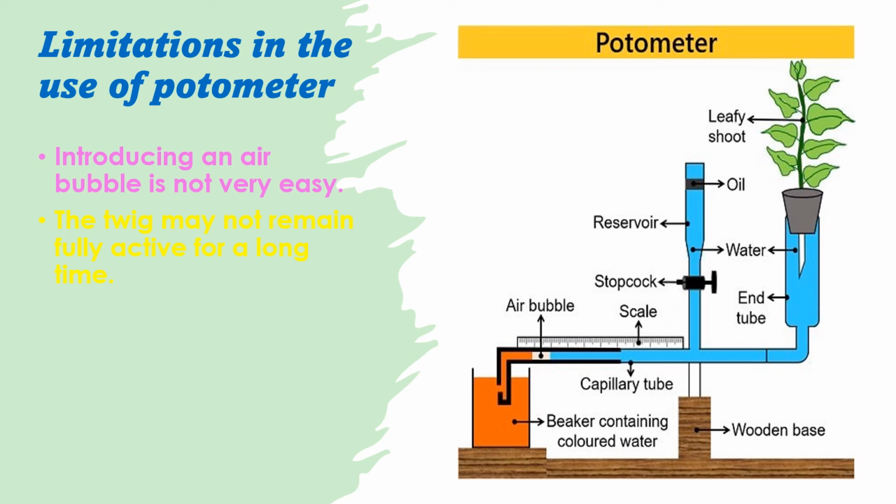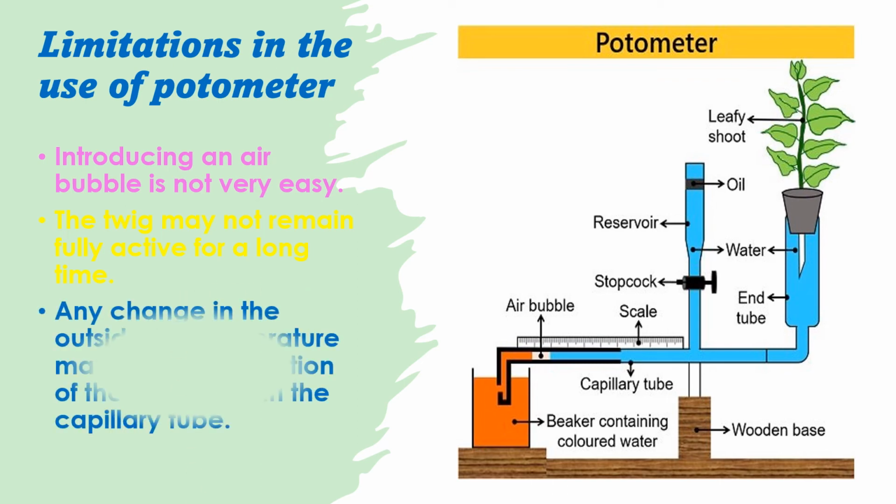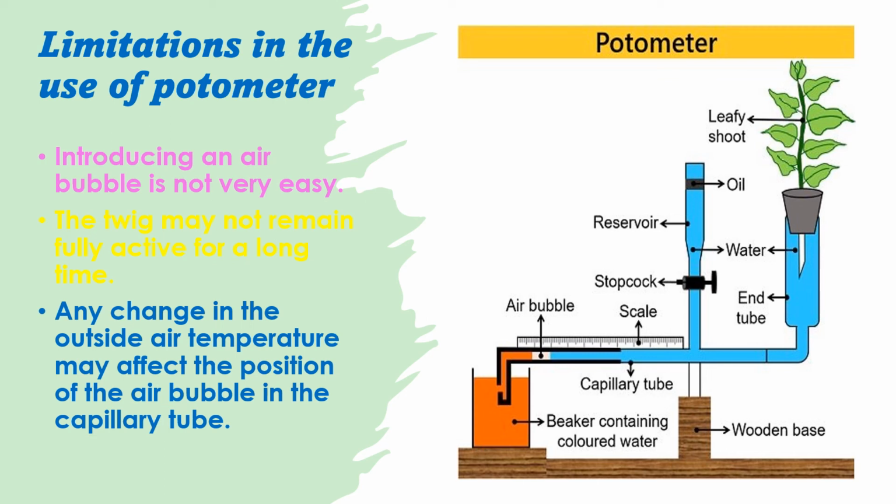Then another limitation, any change in the outside air temperature may affect the position of the air bubble in the capillary tube. Based on the temperature, the position of the air bubble will change.